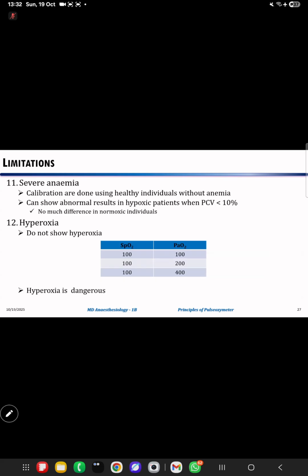And in severe anemia, because I said that these graphs are plotted using healthy individuals, in anemic patients we don't know whether these readings are correct or not. And it doesn't show hyperoxia.